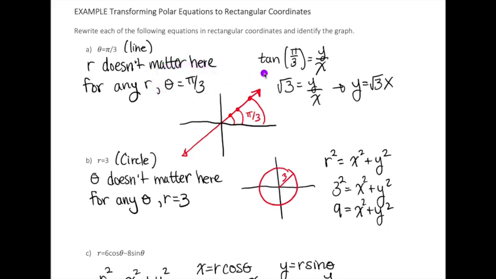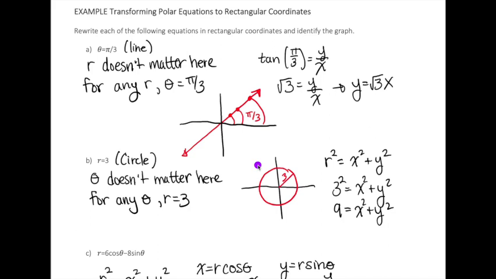So we set up tangent of pi over 3 as opposite over adjacent, that's y over x. The tangent of pi over 3 is the square root of 3. When I cross multiply, I get y is equal to the square root of 3 times x. So here is our line in mx plus b form. Our slope is the square root of 3, and that is because of the way the angle opens up.